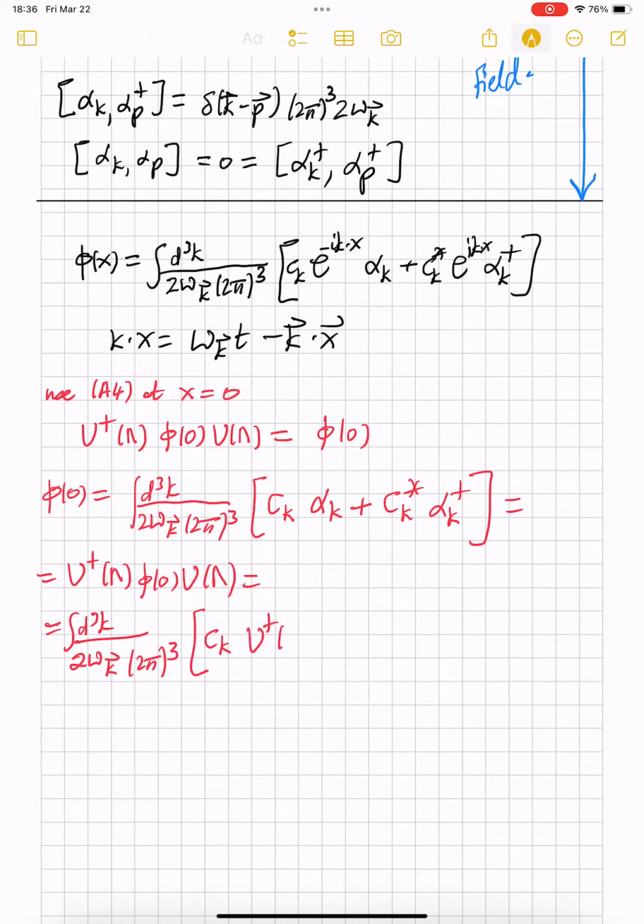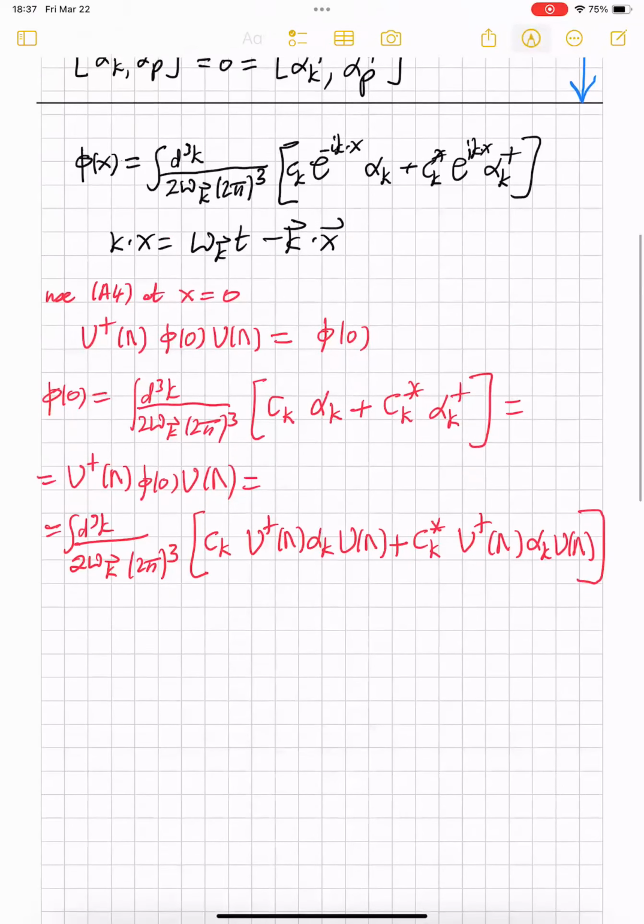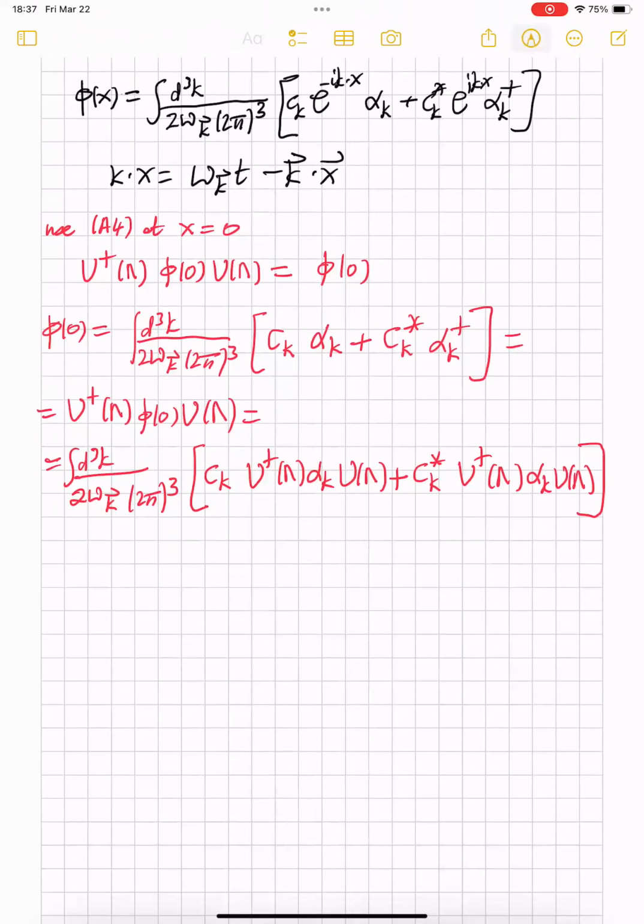Now we'll have u dagger of lambda, alpha k, and u of lambda, plus ck complex conjugate, u dagger of lambda, alpha k dagger, u of lambda. So to actually use this equation, the thing I have to calculate is u dagger of lambda, alpha k dagger, u of lambda.